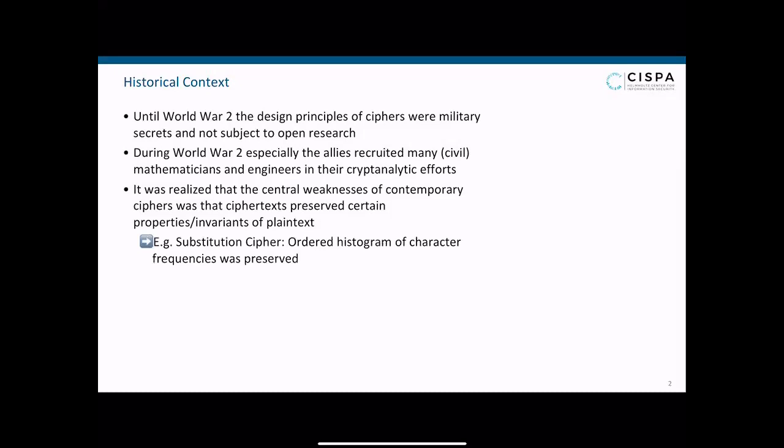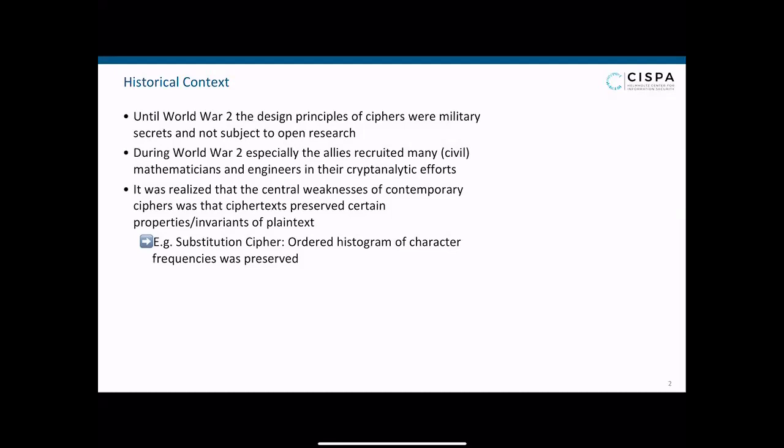We've seen that, for instance, with the substitution cipher, the ordered histogram of character frequencies is preserved. So that's one efficiently computable property of plaintext and ciphertexts which is invariant under encryption.